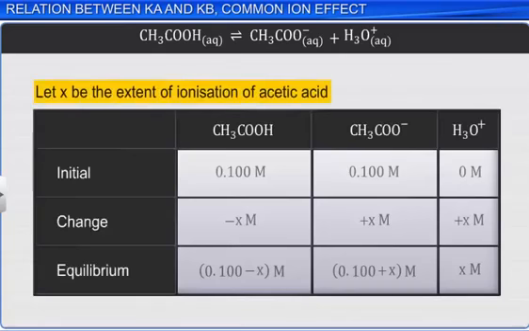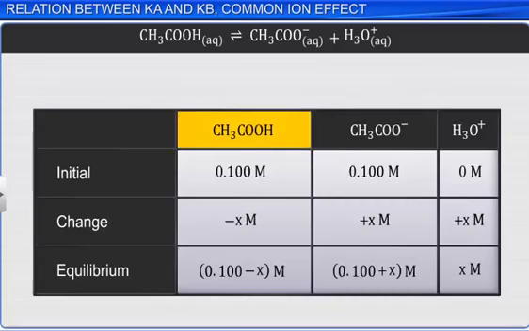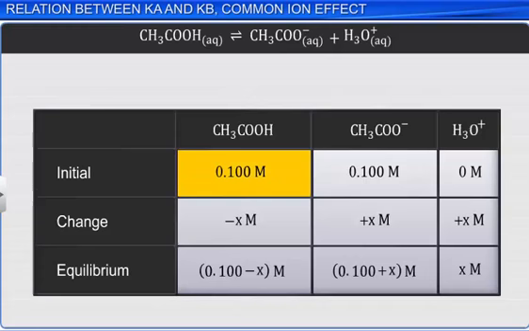Let x be the extent of ionization of acetic acid. The initial concentrations of CH3COOH, CH3COO− and H3O+ are 0.1, 0.1 and 0 moles respectively.